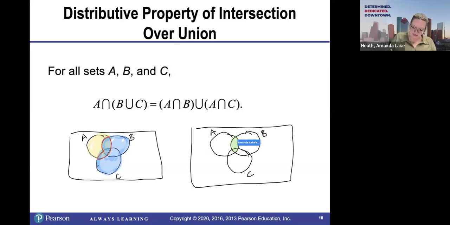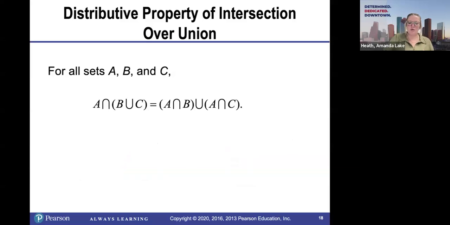A intersect C is this section here. And when we union it together, we again get that same outlined area like we did in the first one. So those two, the distribution of intersection over union works that way.